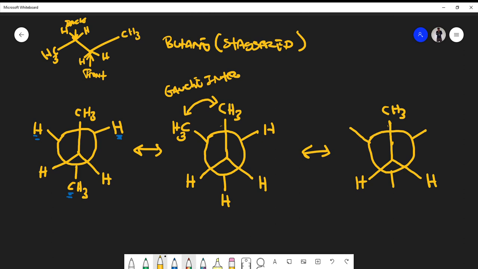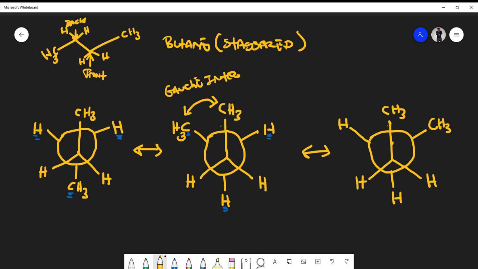So now my CH3 that was right here will now move to this position. And the hydrogen that was right here is going to take this hydrogen's position, and this hydrogen is going to take the CH3's position. So in other words, my CH3 should be right here, and my hydrogens should replace them.